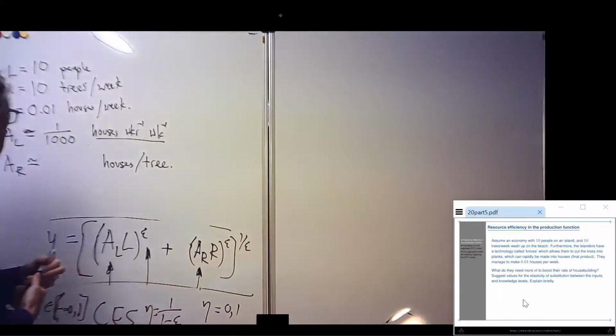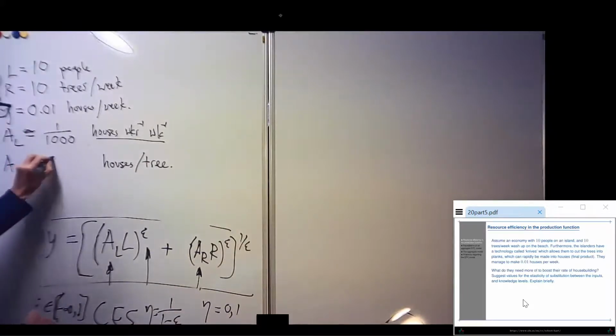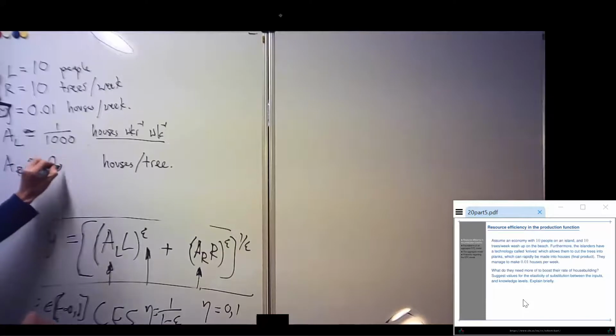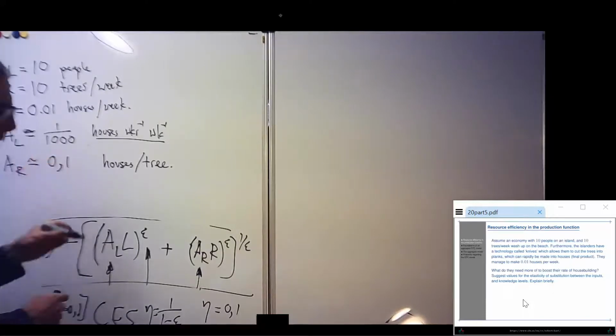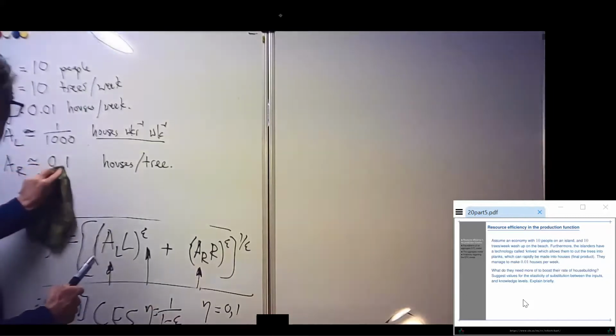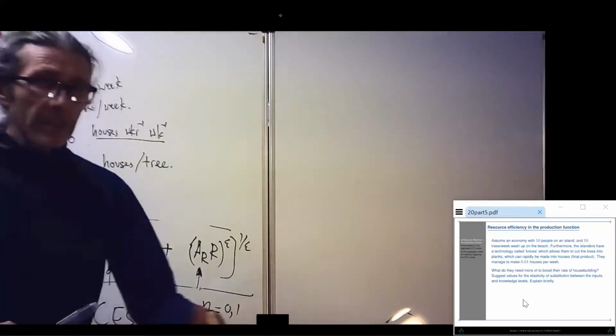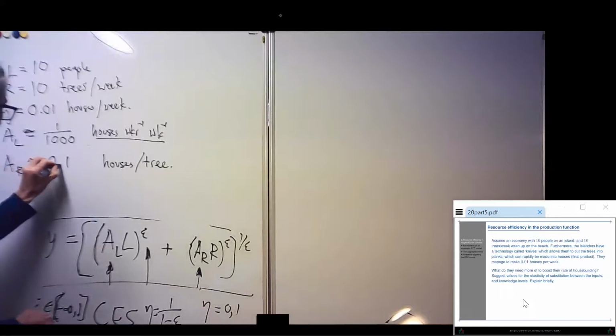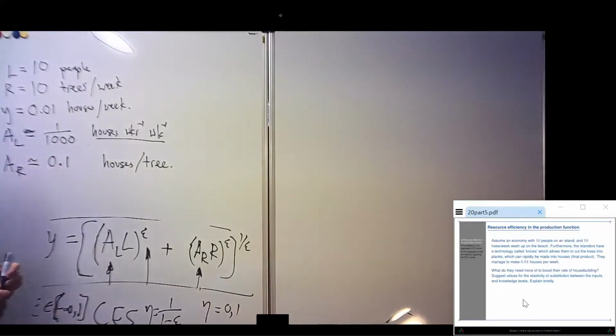If we say you make a house from 10 trees, then the AR would be, oops, that's Swedish, 0.1, wouldn't it? Get so used to the Swedish way of writing. 0.1 houses per tree, 10 trees for each house.